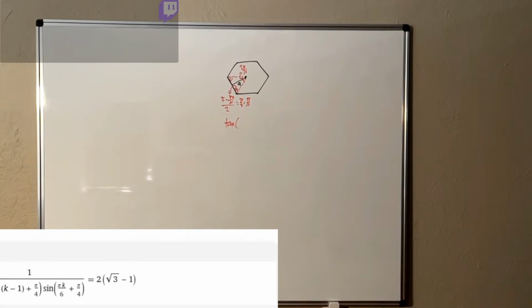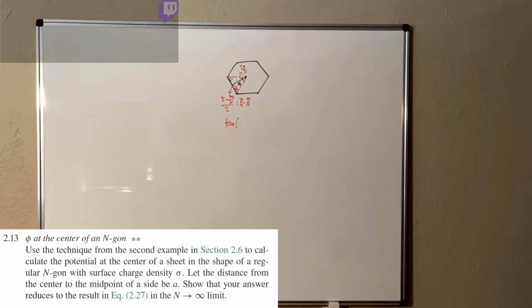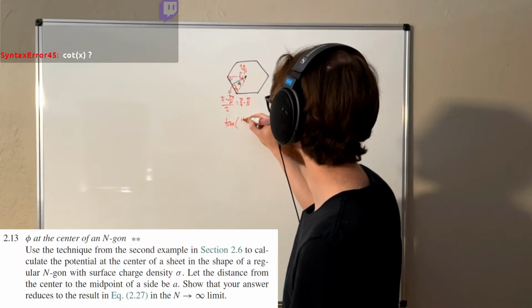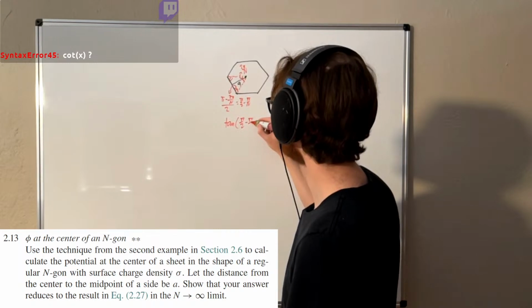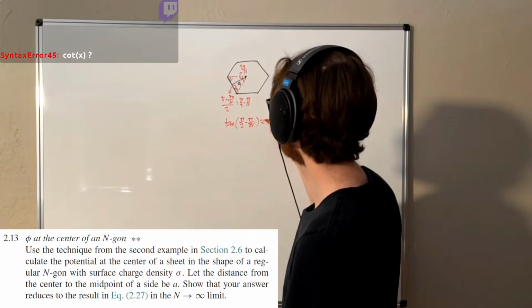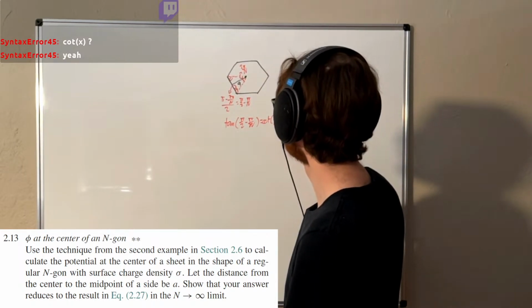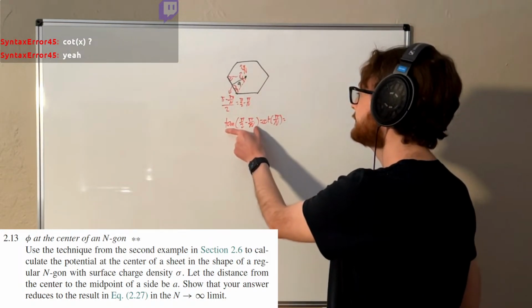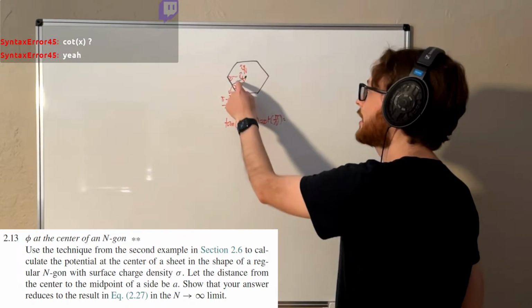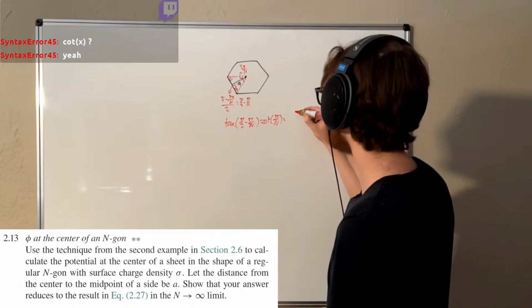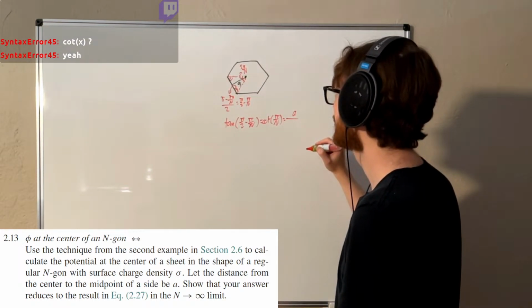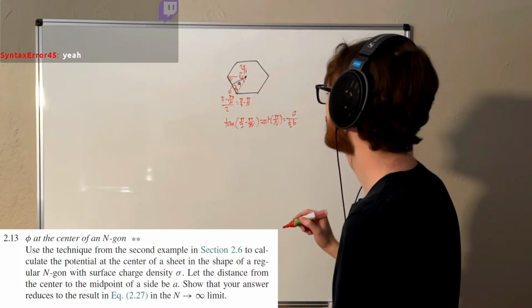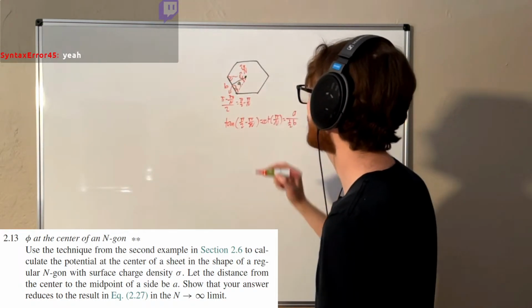Okay, that's not the right tab. Tangent is opposite over adjacent, A over half of the base. I'm calling that B.